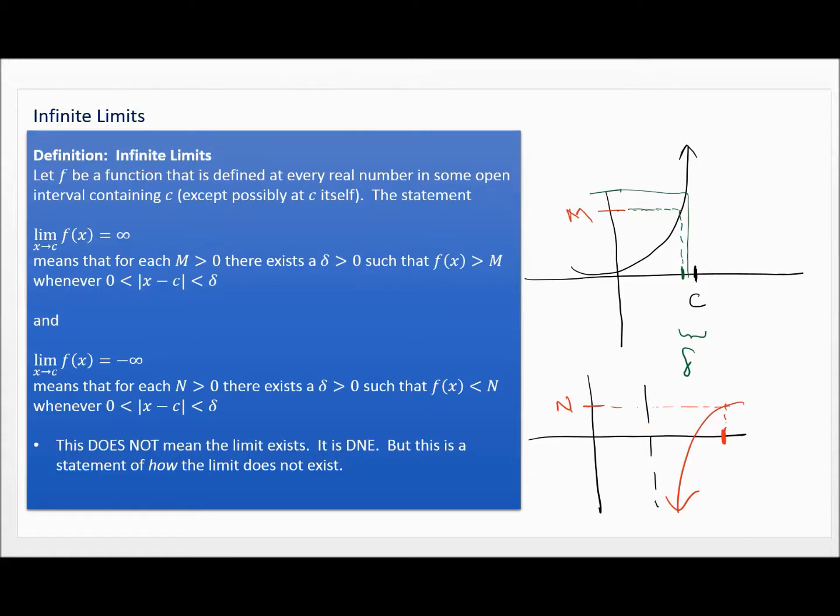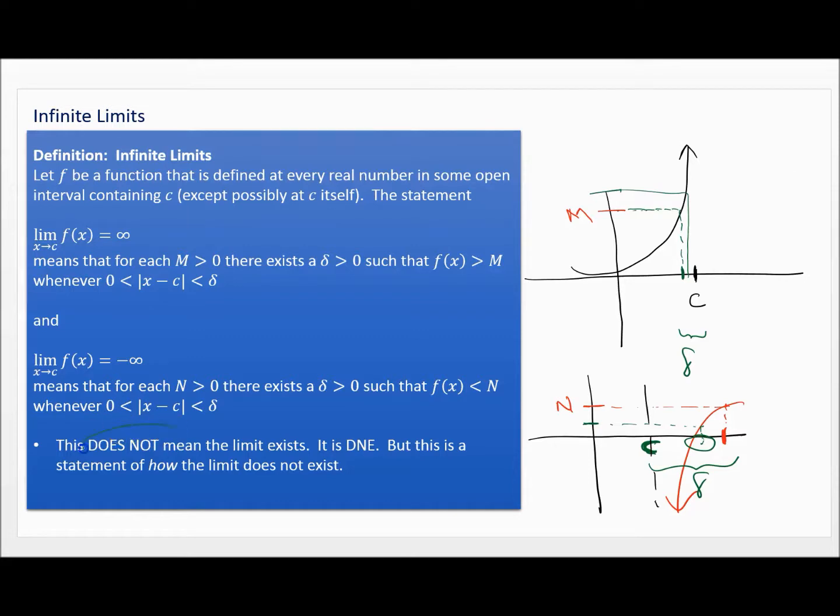I didn't mark our c, so here's our c value. Now, the distance between c and there is delta. Now, if it says for f of x less than n, so I'm talking about numbers smaller than n, and then I work backwards, notice that come back down, that x is between c and the delta distance away, so it's the same idea. I did a better job of explaining the plus infinity, but the minus infinity works the same way, okay?